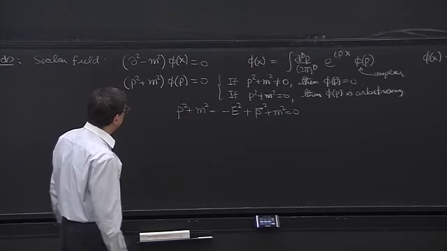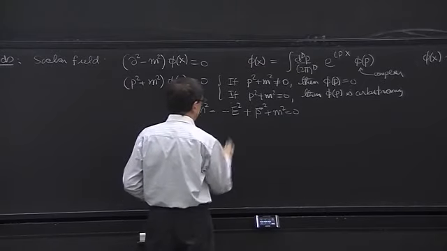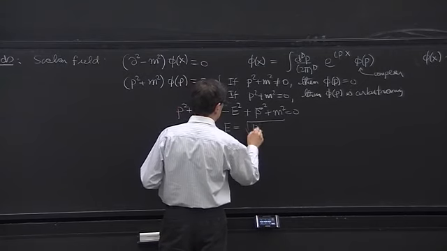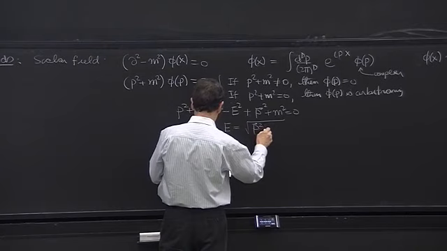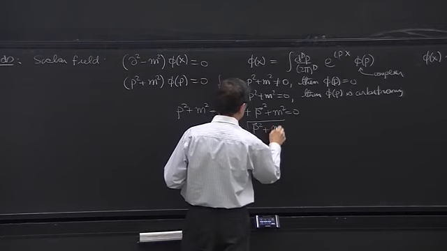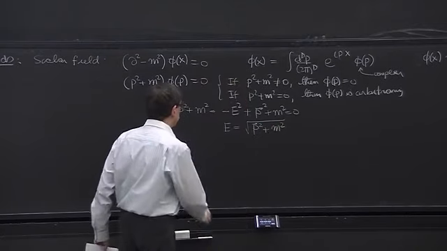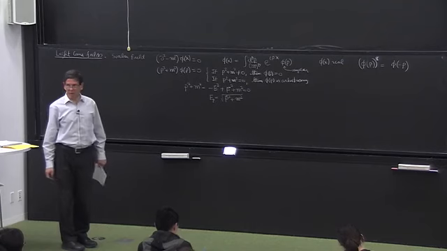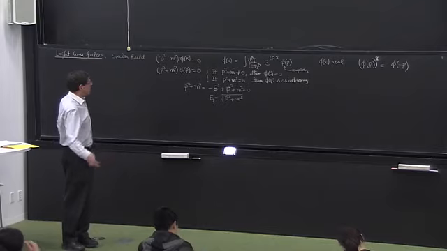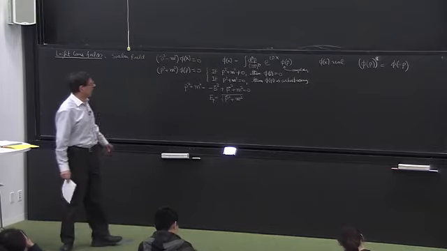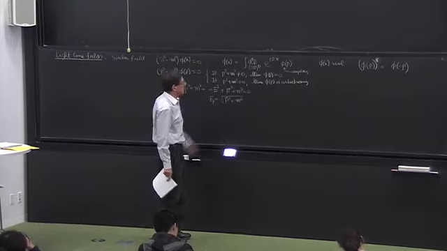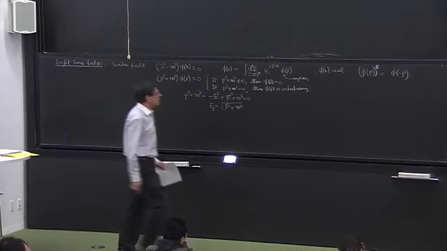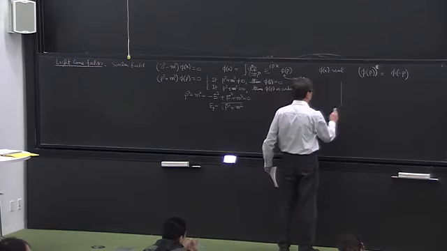So when this holds, the energy is the square root of p² + m², and that's what we'll call the energy E_p, the energy of the particle. This particle has those energies if it has momentum p. Nevertheless, the scalar field mathematically is described by this whole thing.